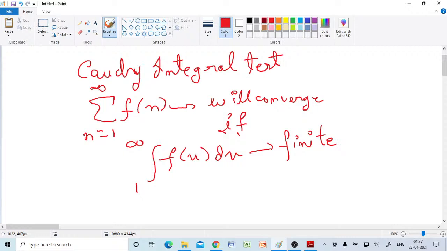So this is the Cauchy integral test, that this particular series is convergent if the integral of f of x dx is finite.